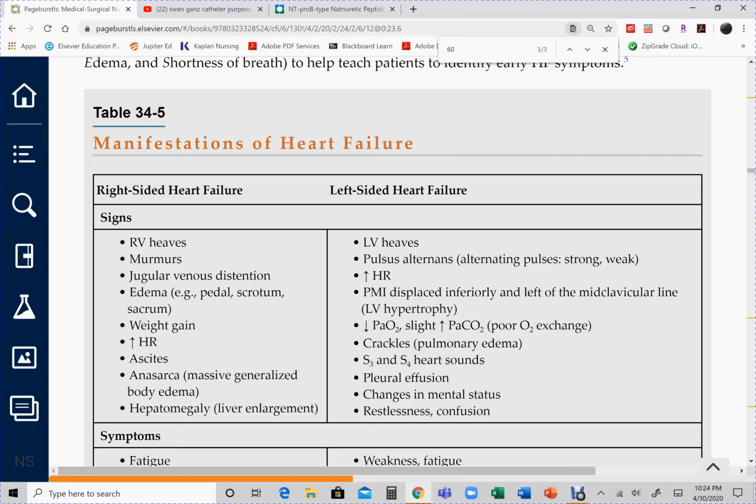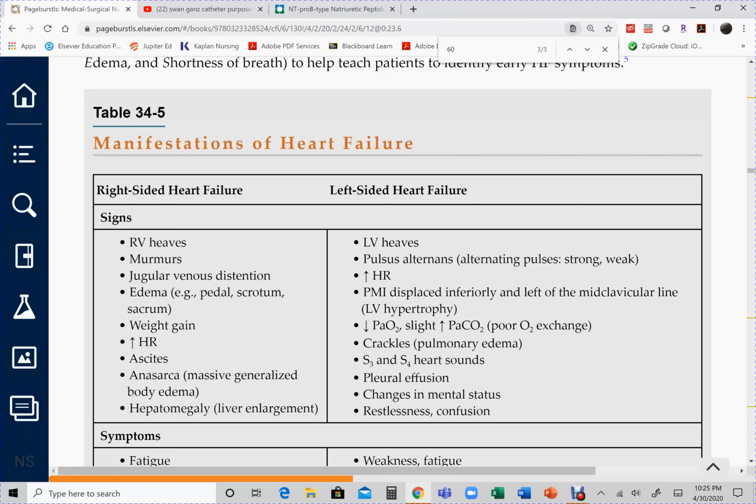So that means it has to go through the blood vessels in the liver before it reaches the inferior vena cava. So in heart failure, since this is the pump, and if the pump fails, so therefore the pump won't be able to empty. So it cannot empty either or both from the right side to the lungs, or from the left side to the aorta.